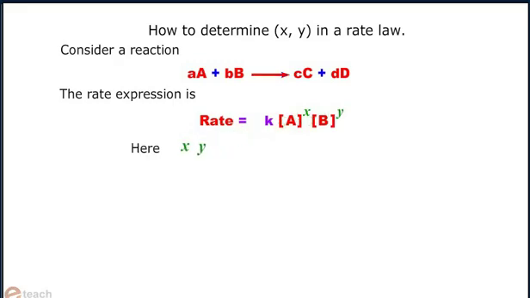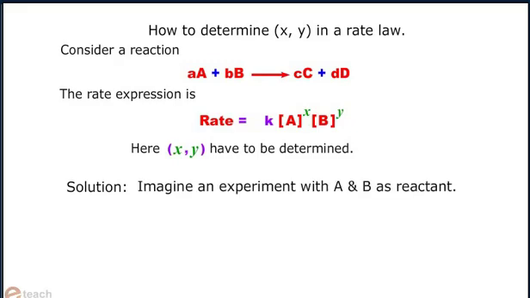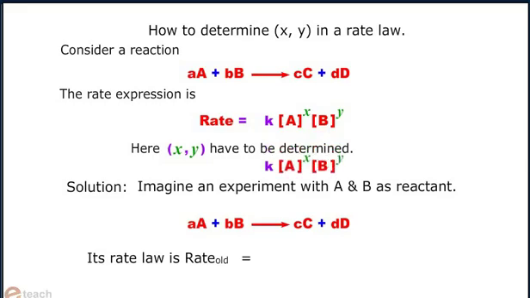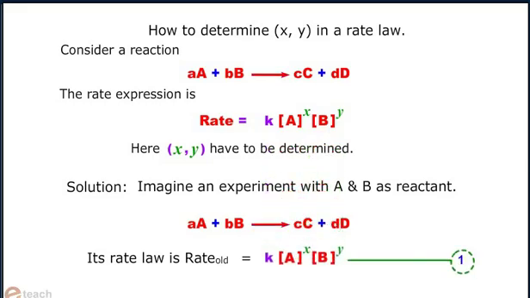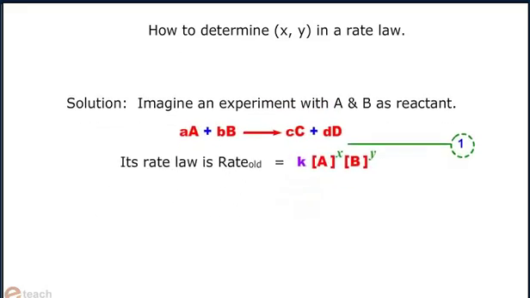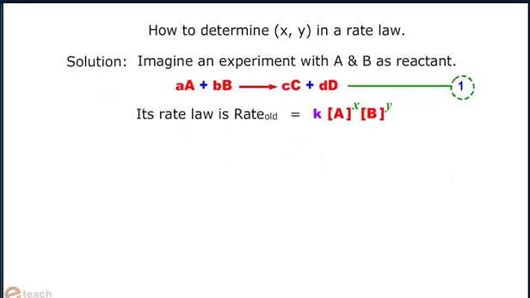Here, x and y have to be determined. Now, moving on to the solution. Imagine an experiment with A and B as reactants. Its rate law is given by k[A]^x[B]^y, and let it be equation number 1.